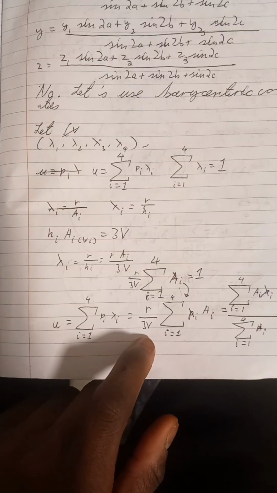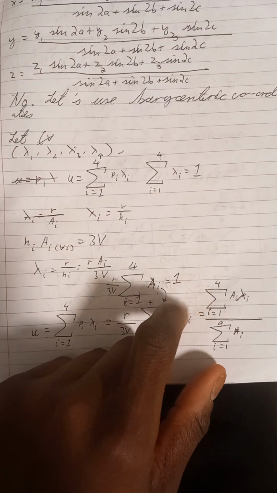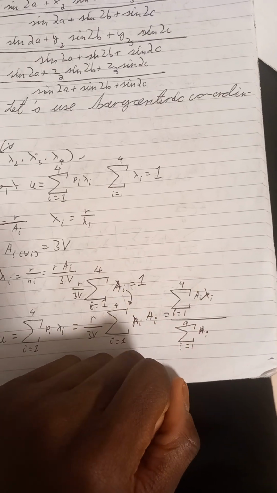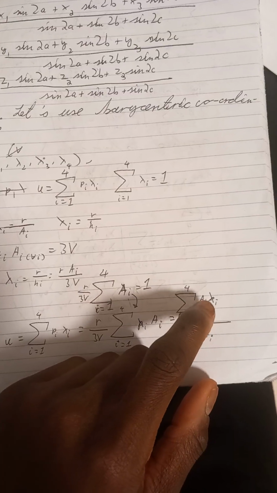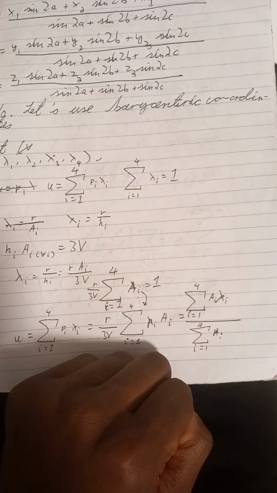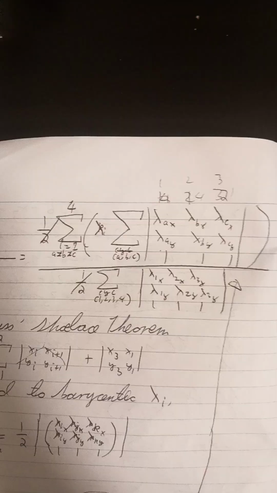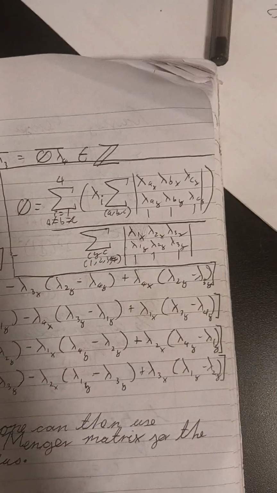As this is implied here, we can then verify this fraction over here: the sum of i equals 1 to 4 of the area multiplied by the opposite point, divided by the sum of all the areas. So this is basically it. This is the center of it, in an even more simplified form.